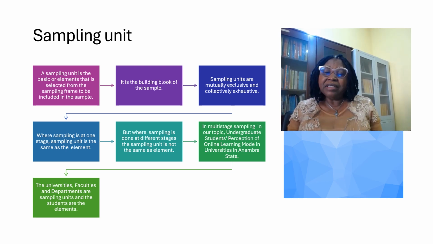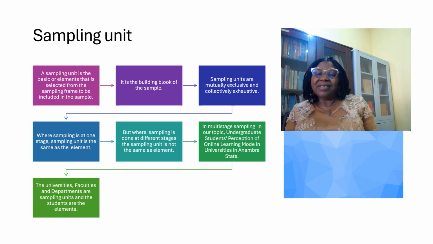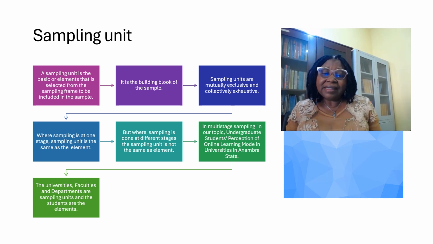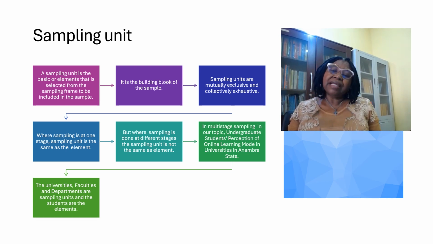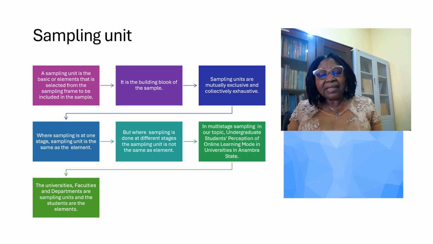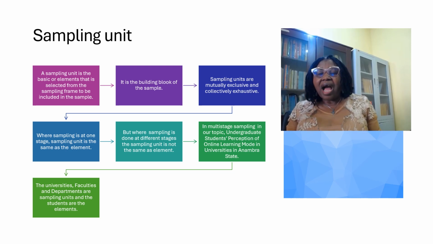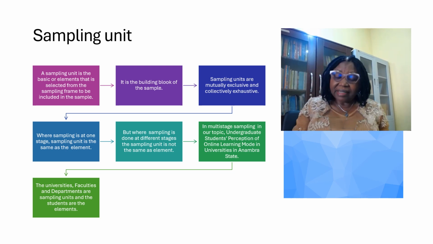But where sampling is done at different stages, the sampling unit is not the same as the element. Let's take, for instance, the multi-stage sampling in our topic, undergraduate student perception of online learning mode in universities in Anambra State. The universities, the faculties, and departments are sampling units, and the students are the elements.